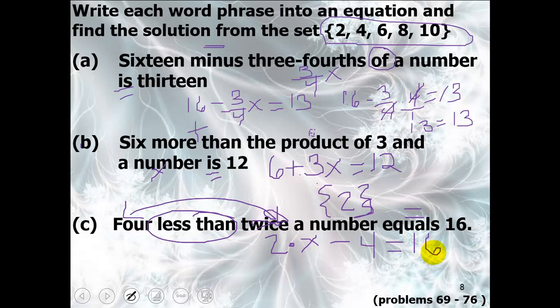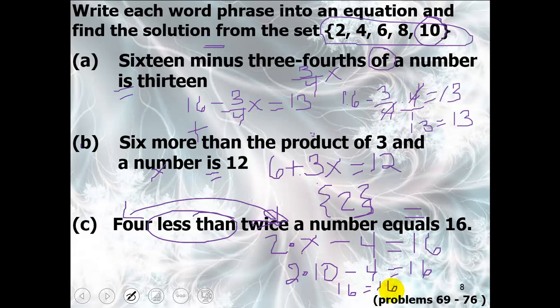So if I'm going to reduce 2 times a number by 4, that number better be bigger than 16. So I have to use 10. So 2 times 10 minus 4 is equal to 16. This is 20 minus 4 is 16, equals 16.